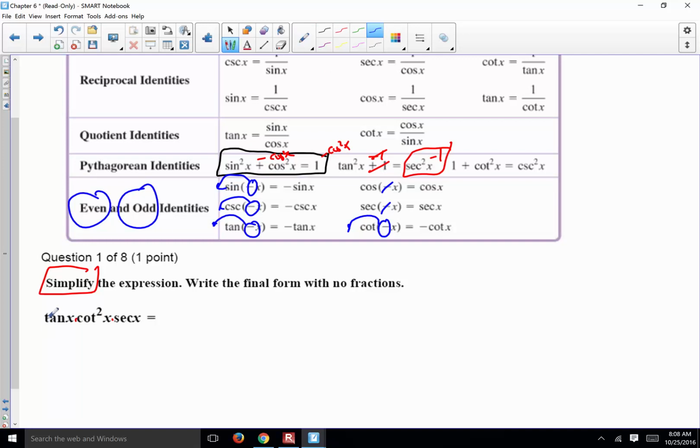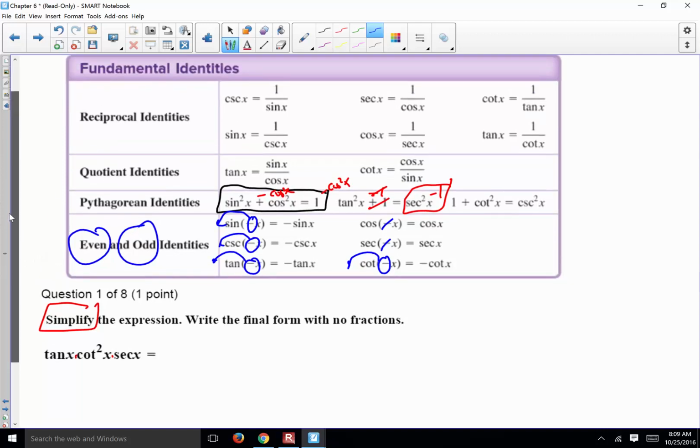Right now, do you see any cancellations? Do secant, cotangent, and tangent cancel? No, there is nothing common, right? To make cancellations, I believe we need ratios, numerator and denominator, so top and bottom can cancel. So it's a good idea to change tangent, cotangent, and secant into ratios.